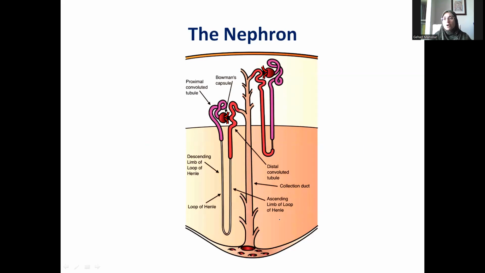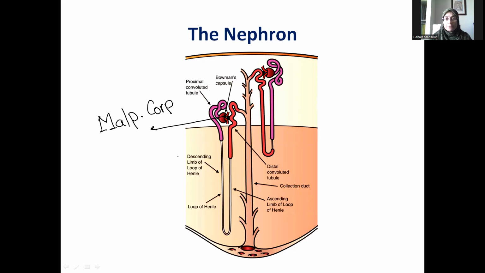I might also ask you about the structures that lie in the cortex and the structures that lie in the medulla, in the nephron. So in the cortex, you have the Malpighian corpuscle, and don't forget that the Malpighian corpuscle is Bowman's capsule and the glomerulus.